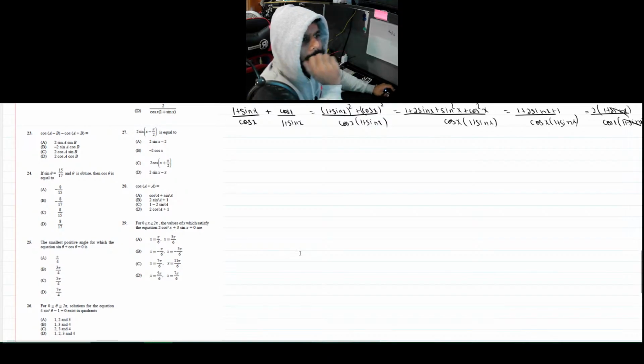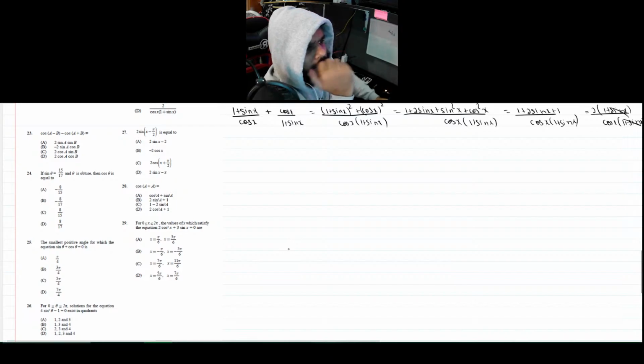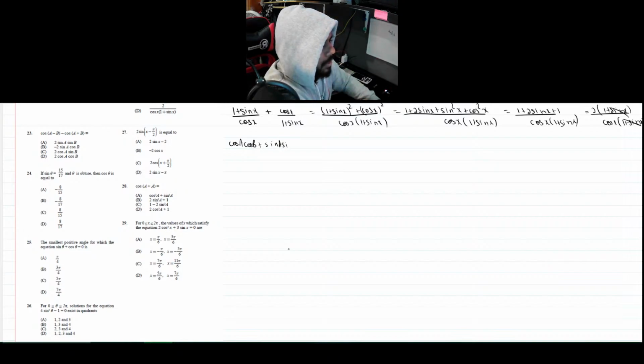Alright, next. We did have a question like this yesterday. This is cos A cos B plus sin A sin B minus cos A cos B minus sin A sin B. I'll show this in a bracket here.